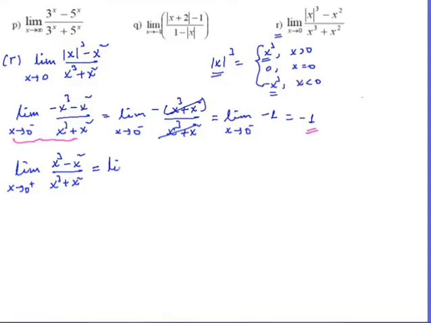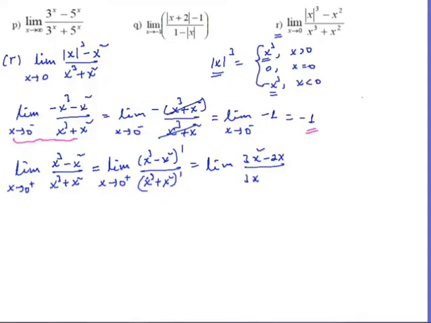Therefore, we apply L'Hopital's rule. So take the derivative of x cubed minus x squared over the derivative of x cubed plus x squared as x approaches 0 from the right. So this means the limit of 3x squared minus 2x over 3x squared plus 2x as x approaches 0 from the right. Still, when we substitute 0, it becomes 0 over 0, which is an indeterminate form.